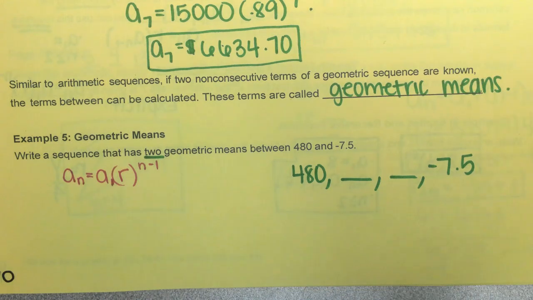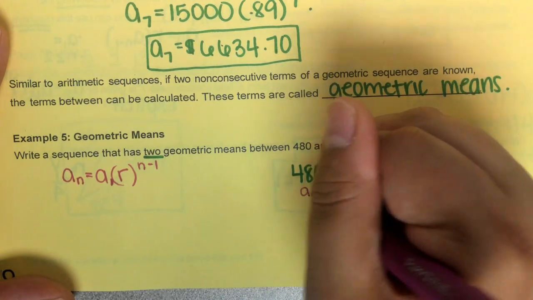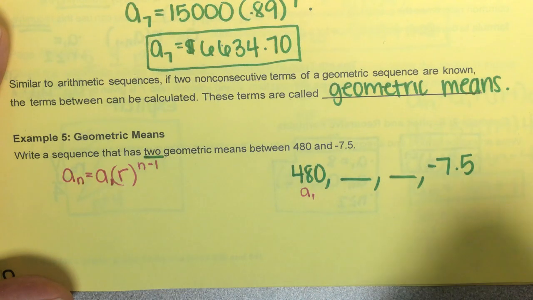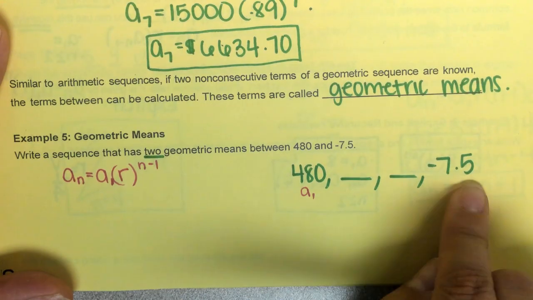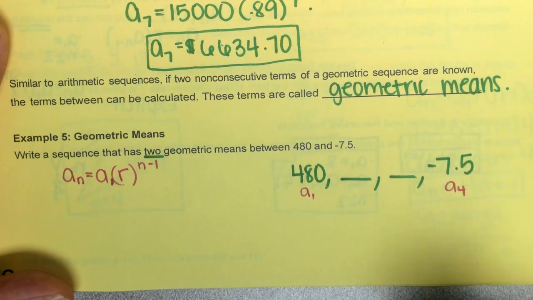All right, what do I know? A of 1. Do y'all agree with this? It's A of 1. What else do I know? What's n? No, how many terms are there? Do y'all agree this is A of 4?